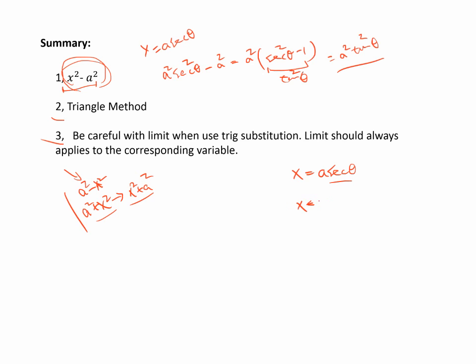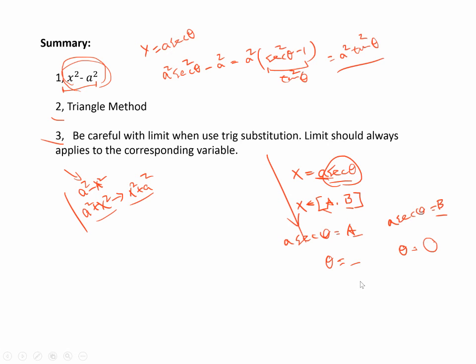Write x belongs to the region for x, and a secant theta equals the first endpoint, and a secant theta equals the second endpoint, which is just x. Based on these two extreme values for x, find your endpoints for theta, and then compare which one is bigger to find the limit for theta. That is an easier way for secant theta.